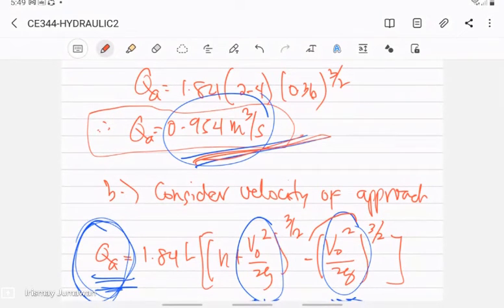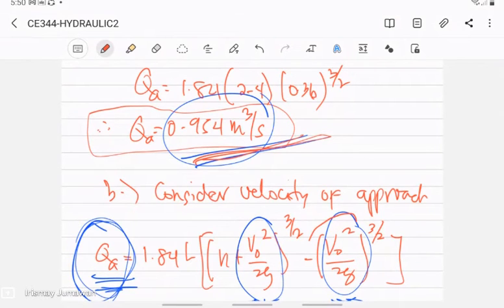Whatever the assumption of the Q over the channel, we compute the velocity, then substitute it into the formula. Then get again the discharge.